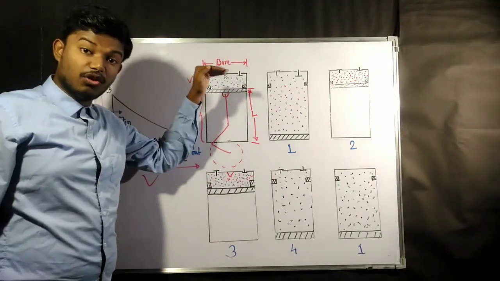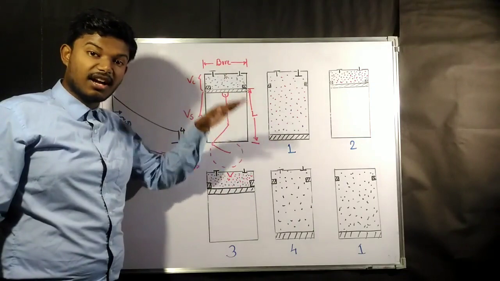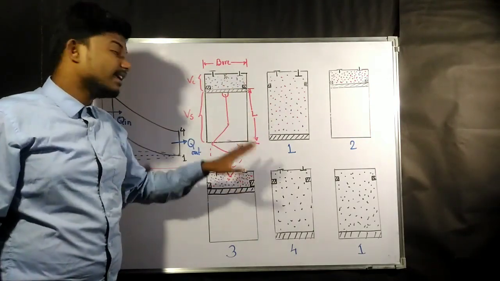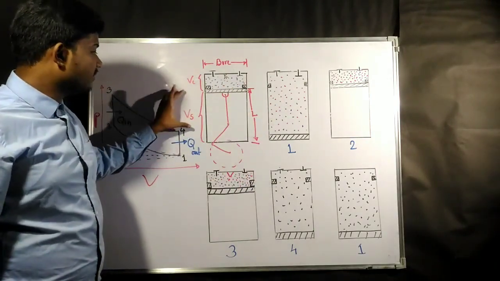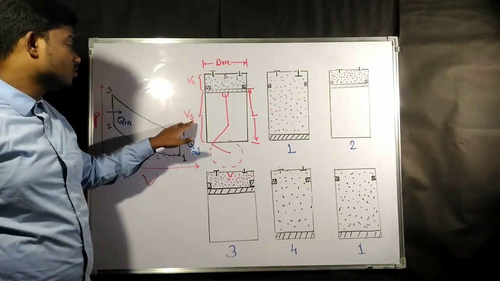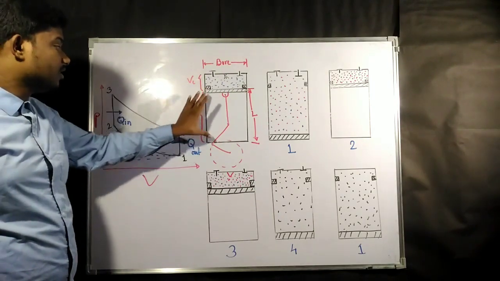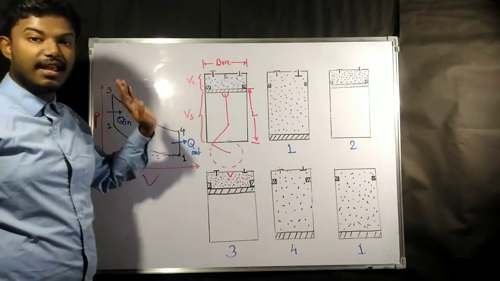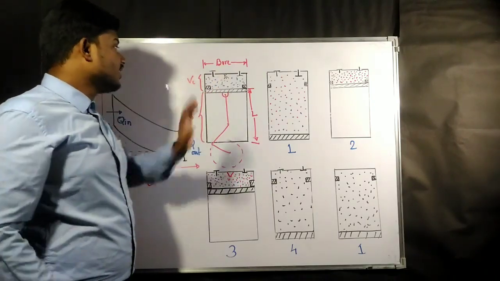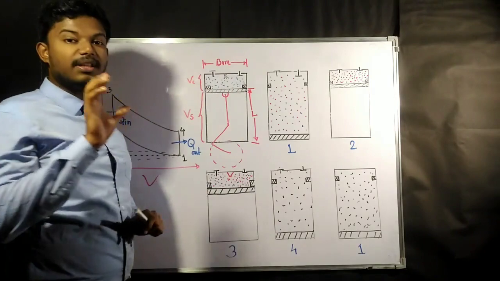The volume the piston covers while reciprocating is named the swept volume, denoted by Vs. Clearance volume is denoted by Vc. And let us suppose the blue dots are the air.